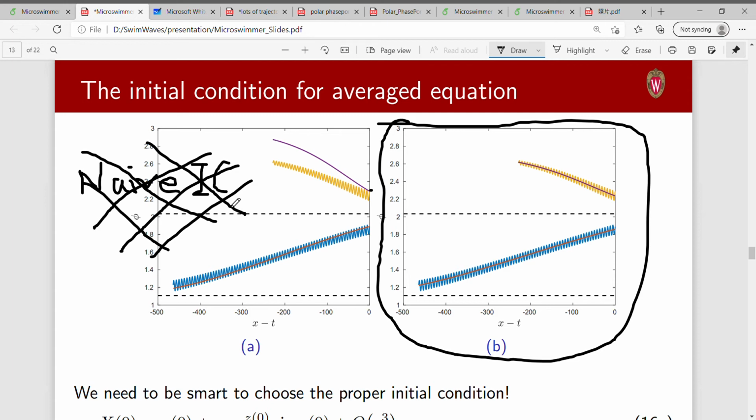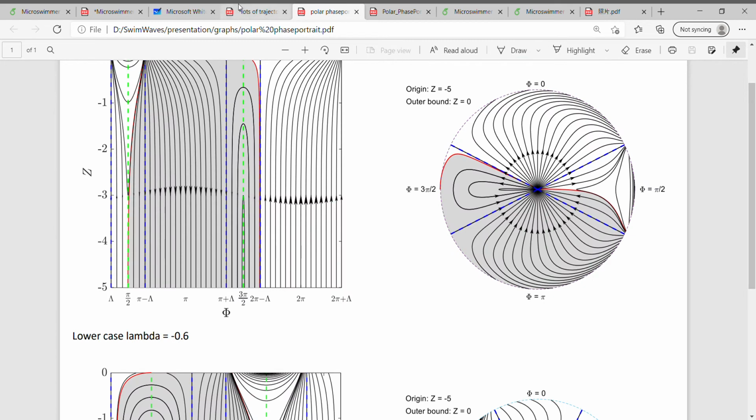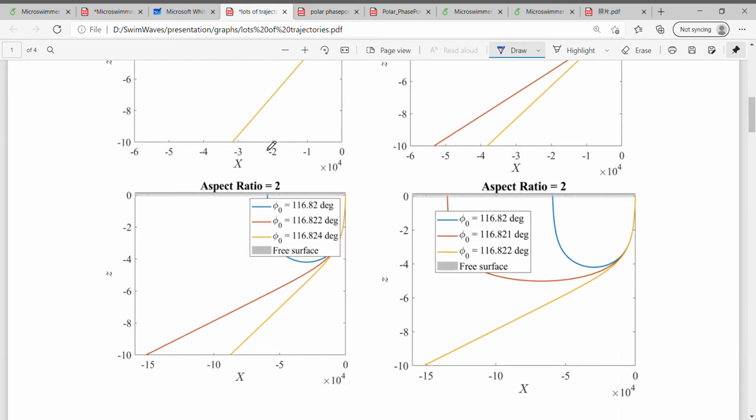At the beginning we thought it worked pretty well, but afterwards we found that our average system will deviate a lot if the swimmer moves for a long time. For example, the average system is supposed to track this blue line very well, but in fact it doesn't.